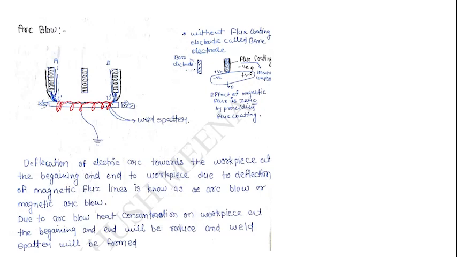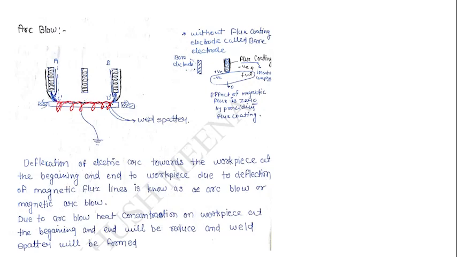Why? Suppose, one more thing that you should know, the filler material that is deposited on your workpiece has less effect of gravity and more effect of magnetic flux, right? It is not mainly because of gravity that it is deposited on your workpiece.